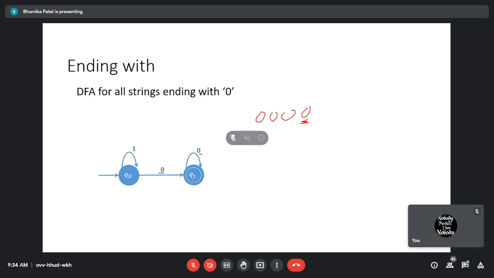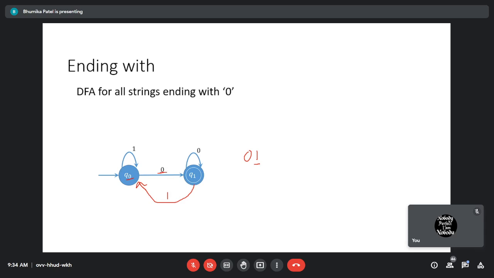Should I take one more state and give 1 to it, say a new state QD, or use Q0? Q0 can be used. Why? If I take the transition like this for 1: I read the first 0, then I read 1, so the string is 0 1, and I am in Q0, which is a non-final state, so it is not accepted.